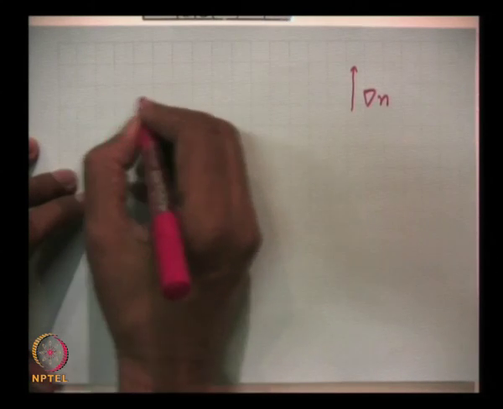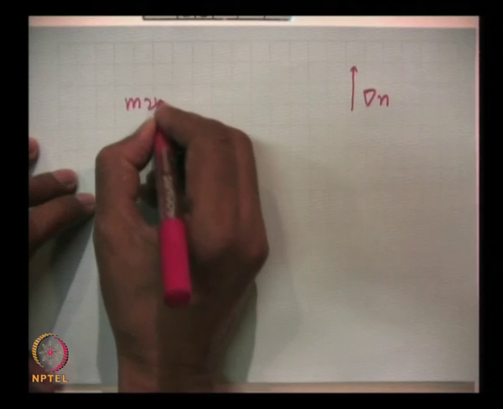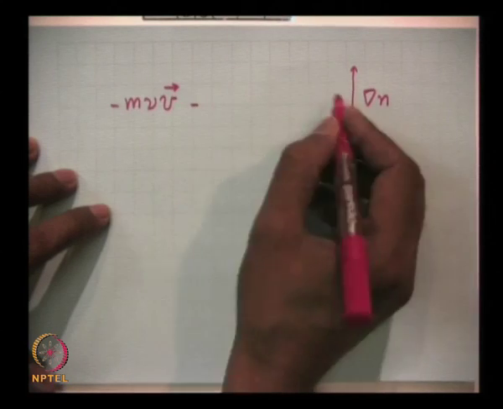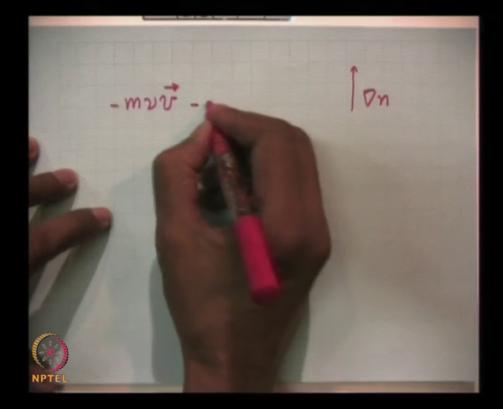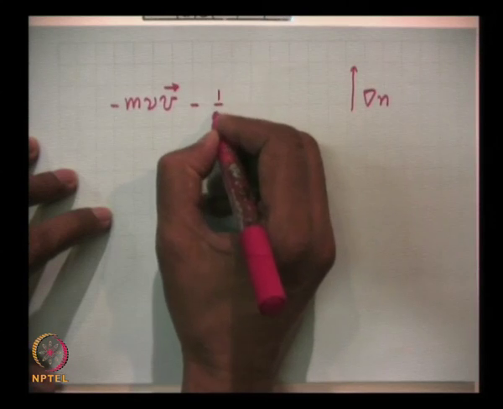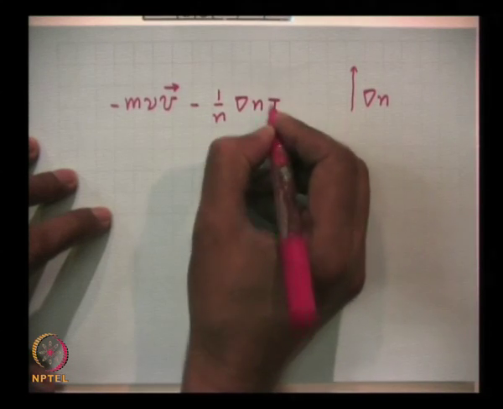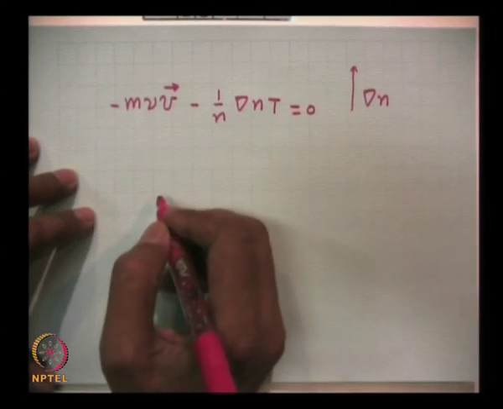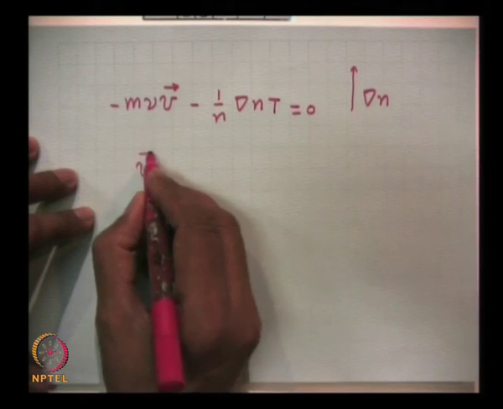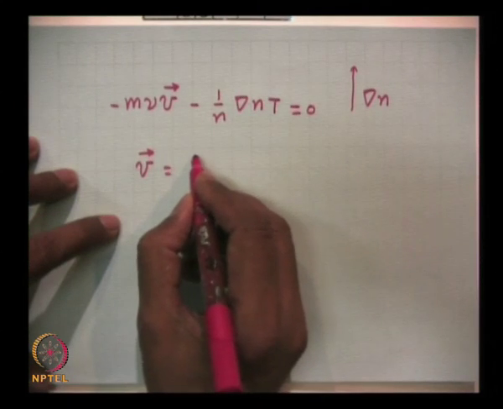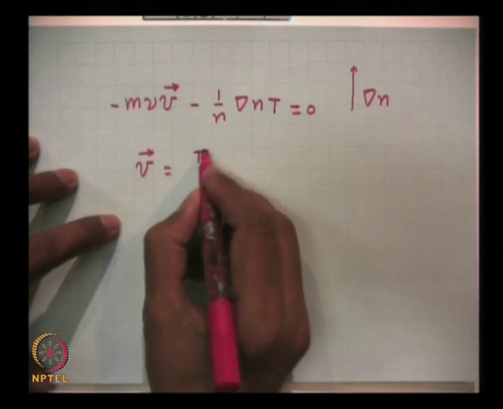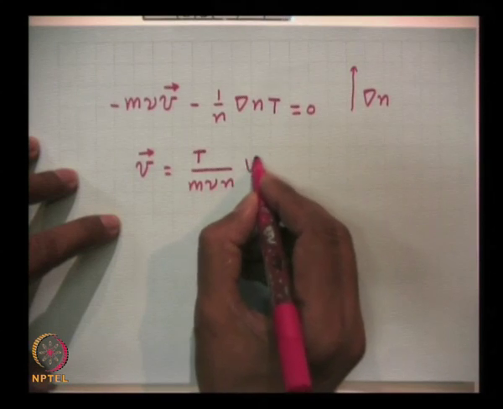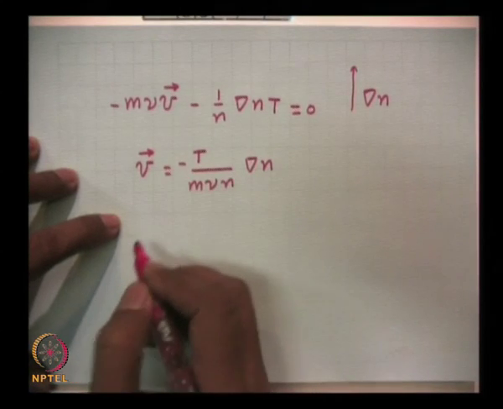Just similarly, m nu v in the steady state is the collisional drag on the electrons, and the diffusion term or pressure gradient force would be 1 upon n gradient of nT, but temperature is uniform, density is non-uniform. So, I can take this out, and put the time derivative term nearly equal to 0 in the steady state. So, the velocity that you get from here would be equal to T upon m nu into n into gradient of n with the negative sign.